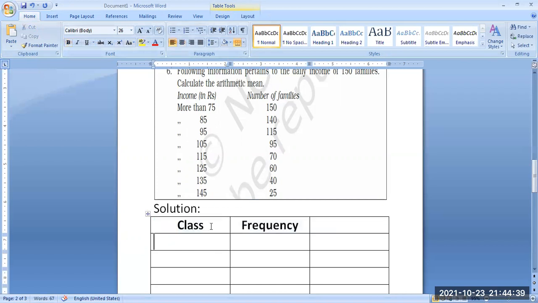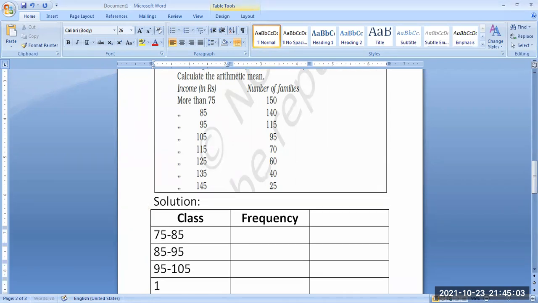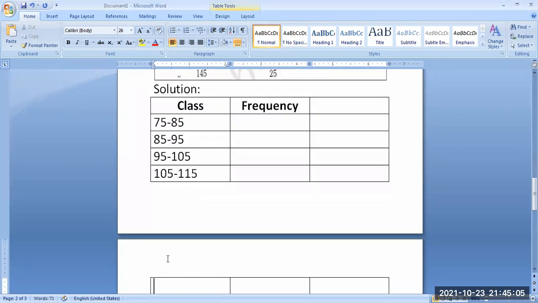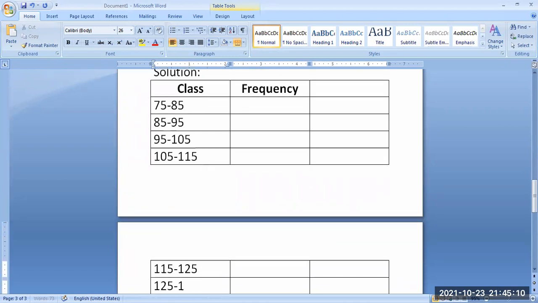Now first of all, we will see, more than 75 means it is 75 to 85. You can see the difference between these two is 10. Then 85 to 95. Like that, we have to convert: 75 to 85, 85 to 95, 95 to 105, 105 to 115, 115 to 125, 125 to 135.